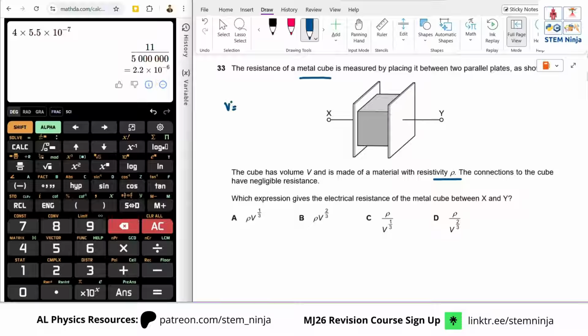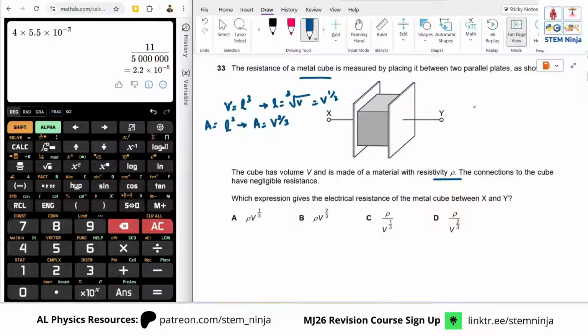V is L cubed, so L is the cube root of V, or V^(1/3). So L squared, the cross-sectional area, would be V^(2/3).